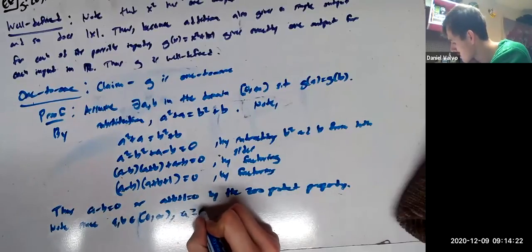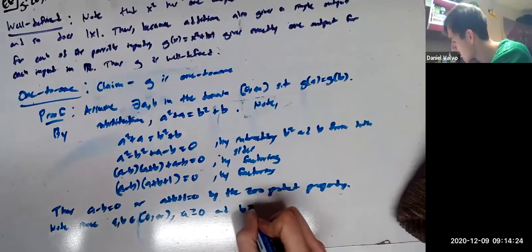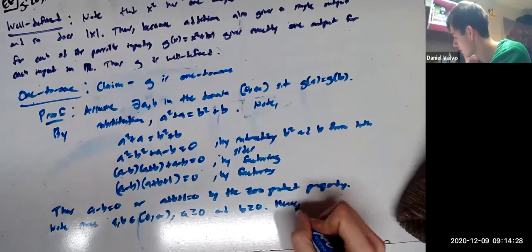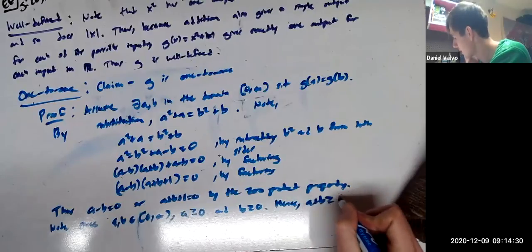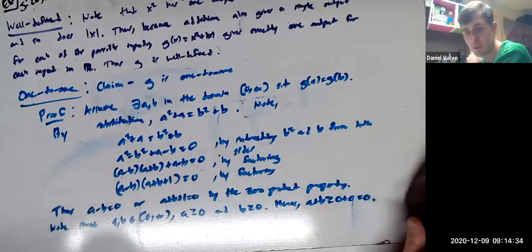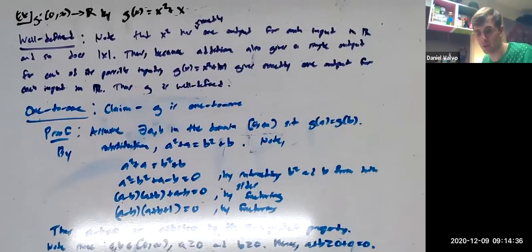Anyway, note since a and b are in 0 to infinity, a must be greater than or equal to 0 and b greater than or equal to 0. Hence, a plus b is greater than or equal to 0 plus 0, which just equals 0. So a plus b is definitely greater than or equal to 0.